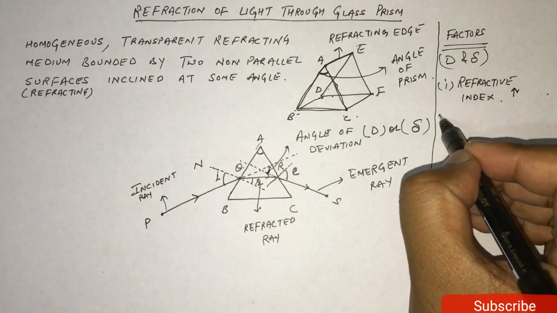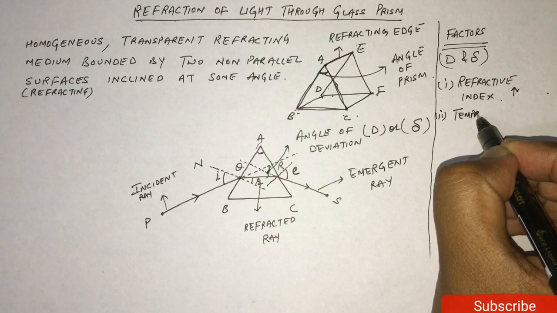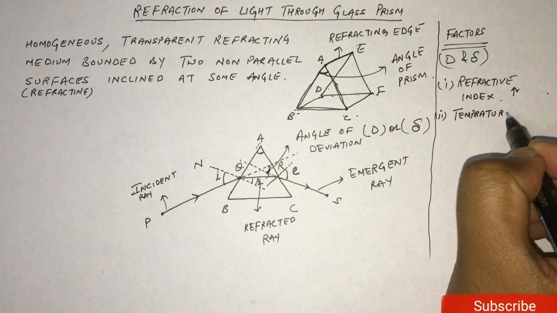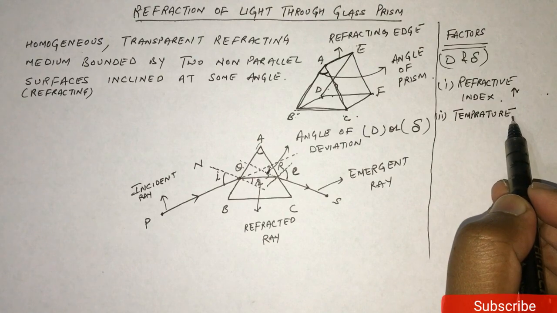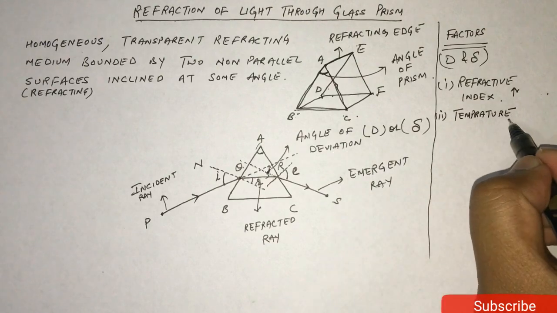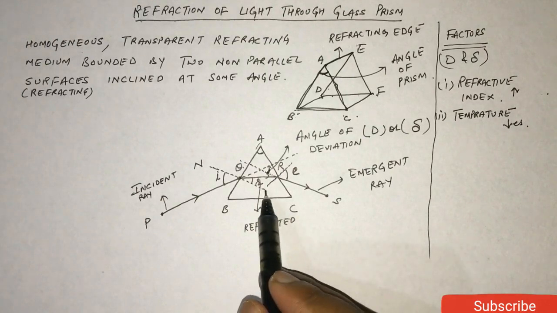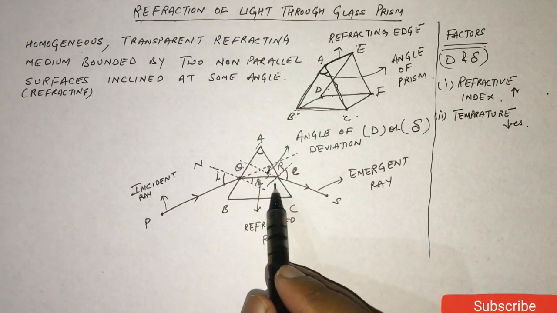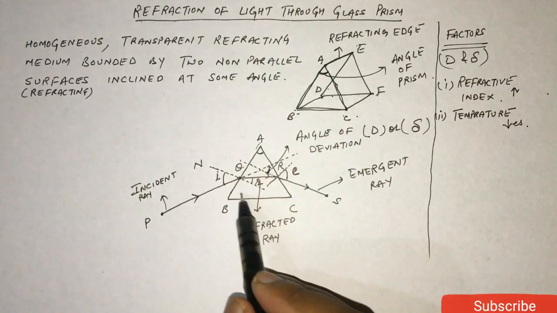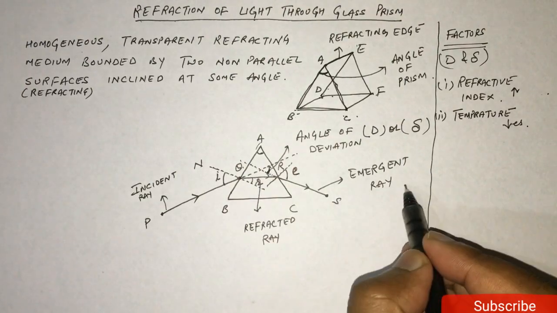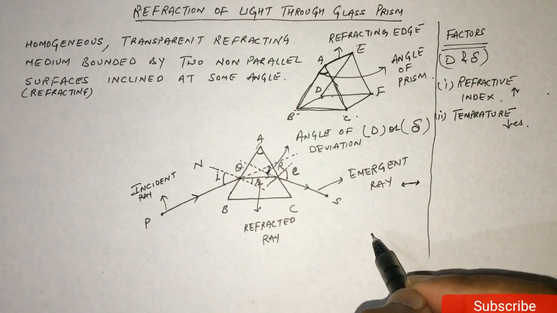Fine. Second one is temperature. With increase in temperature, the angle of deviation decreases, because if you increase the temperature, the particles of the material of this prism move away from each other.